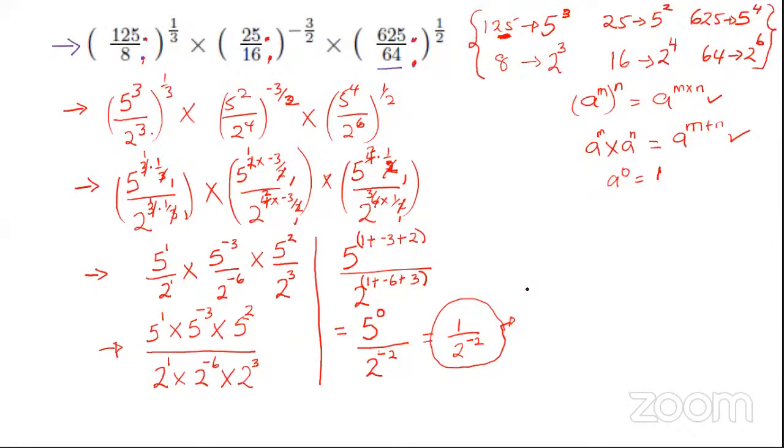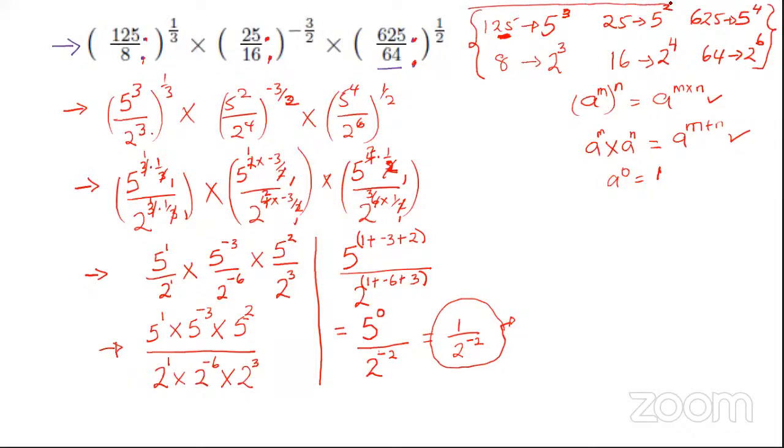Teacher, I was asking that here on the first solution, I didn't understand. The first line, that 125 is equal to 5 to the power 3. This is what we did. I don't know if you are following this step here.